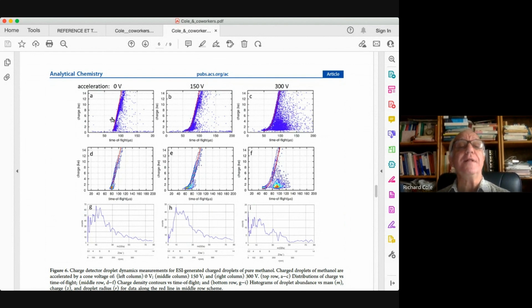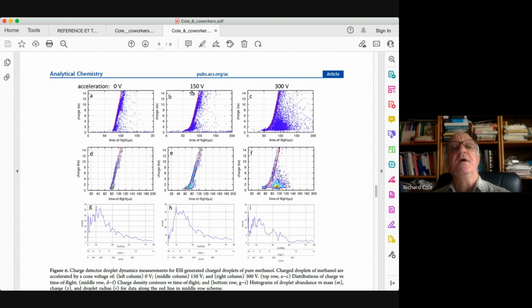First we drew an empirical line. This red line, it's a straight line, empirically drawn right at the limit that we're testing to see whether it's at the Rayleigh limit. Then we have certain ions, particles that we've detected at the Rayleigh limit, and we can calculate, if indeed those species are at the Rayleigh limit, where they should be shifted to when we accelerate to 150 volts and then 300 volts.